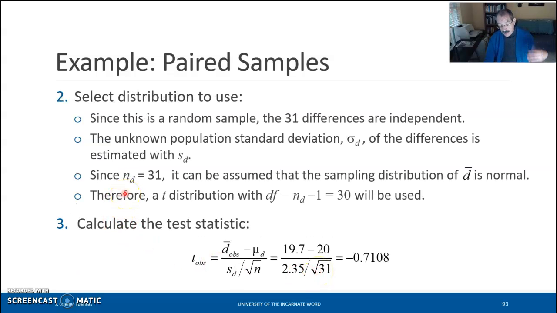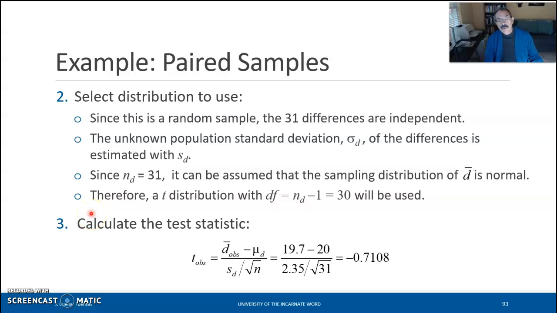Now, the second step is to select the distribution to use. Again, this is a random sample, so we can say that the 31 differences that we have are independent. The population standard deviation is not known, but we can estimate it with the sample standard deviation of the differences.